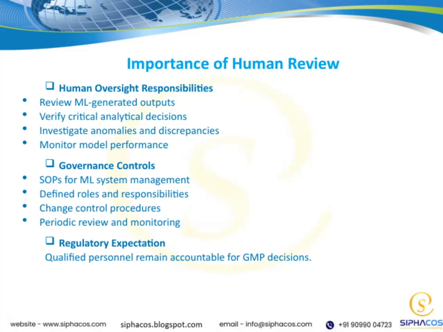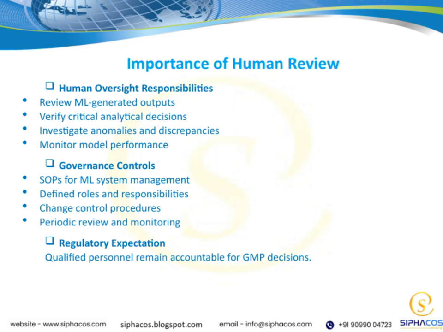Now, let's talk about the importance of human review. Human oversight is a critical aspect of our process, and it involves several key responsibilities. First, we need to review the outputs generated by machine learning systems to ensure they make sense and align with our expectations. It's also essential to verify critical analytical decisions, because when these decisions impact patient safety or product quality, we can't rely solely on automation.